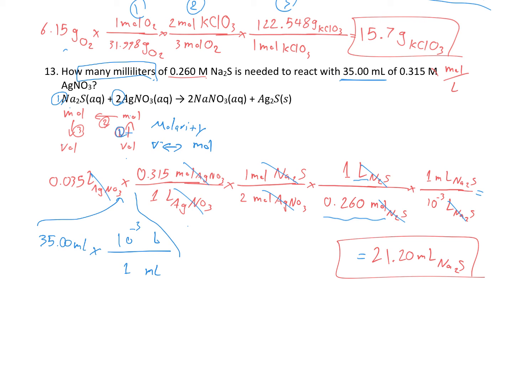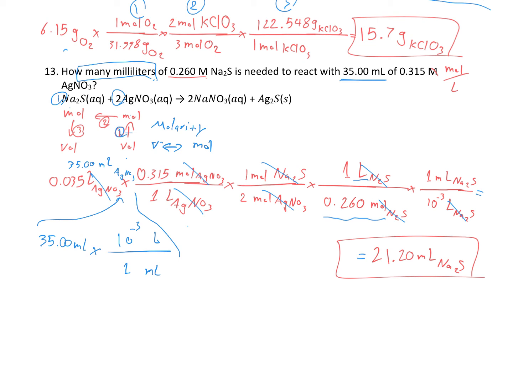There was also one other way to do this. You could have used milliliter in the beginning. If I want to write milliliter, I would write 35 milliliter of AgNO3, right?